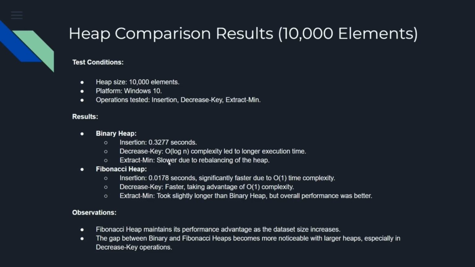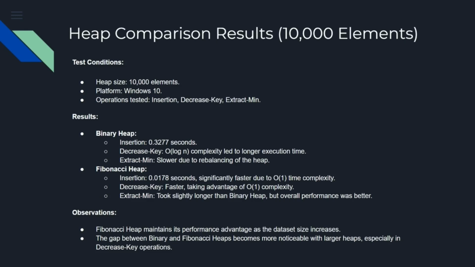The extract min was slower due to the rebalancing of the heap. The Fibonacci heap insertion was 0.0178 seconds, significantly faster due to the O(1) time complexity. The decrease key is faster, taking advantage of the O(1) complexity. The extract min took slightly longer than the binary heap, but overall performance was better.